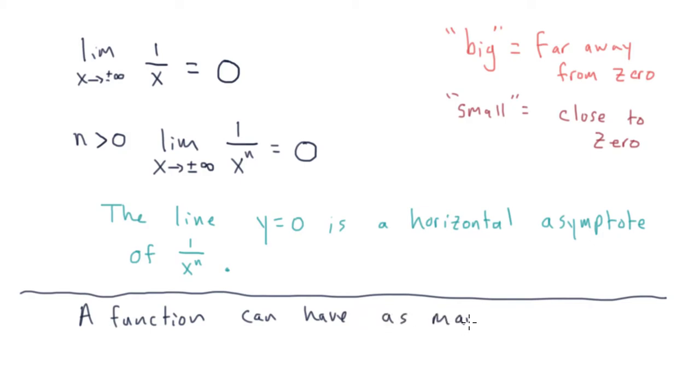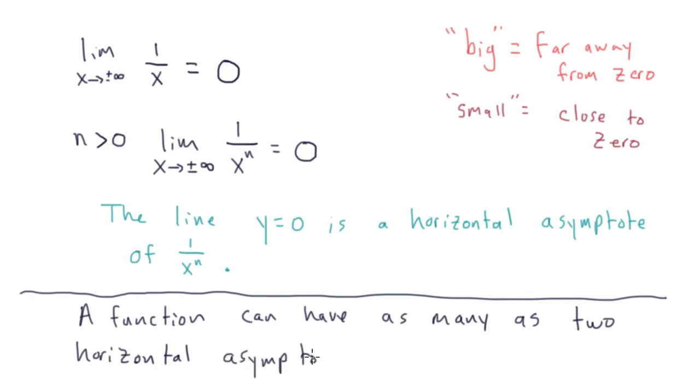And this is more or less just a property of the vertical line test. So the function can't be leveling off to 2 different lines. So 2 horizontal asymptotes. And we'll actually see an example of a function that does have 2 horizontal asymptotes.